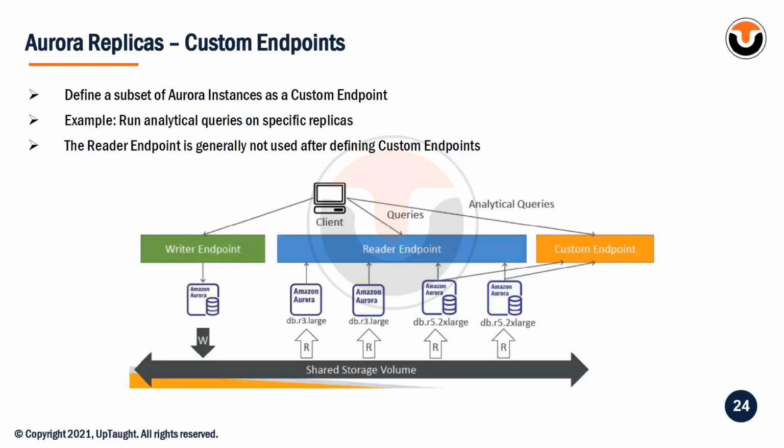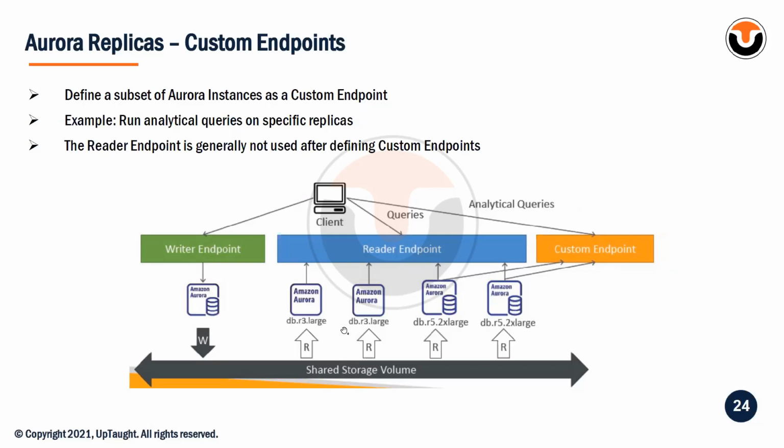Not only that, you remember this reader endpoint, writer endpoint that we used to create? You can also use a custom endpoint used by only certain analytical queries or any certain system. All your analytics, which can sometimes be intensive, you can run in a better machine.